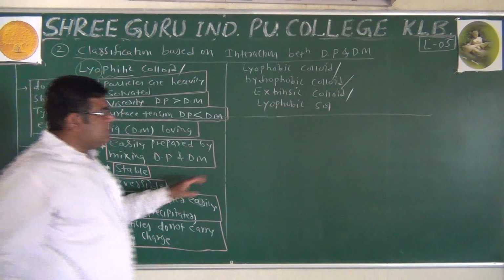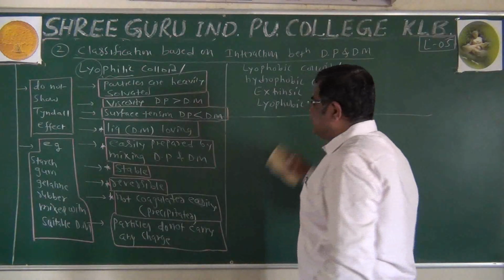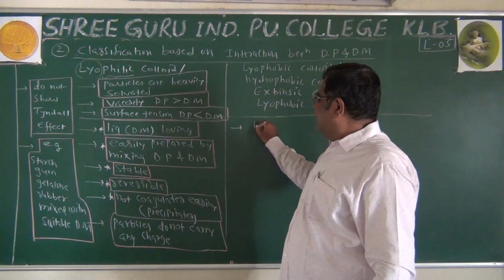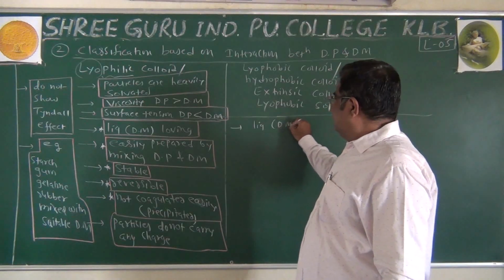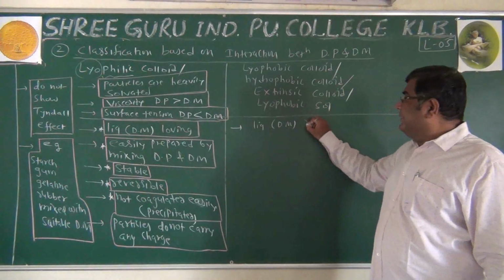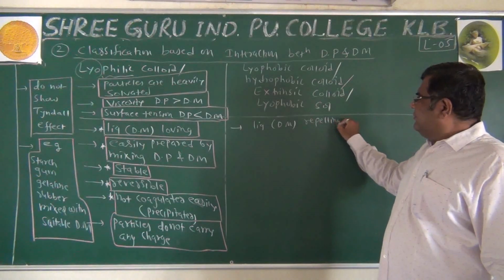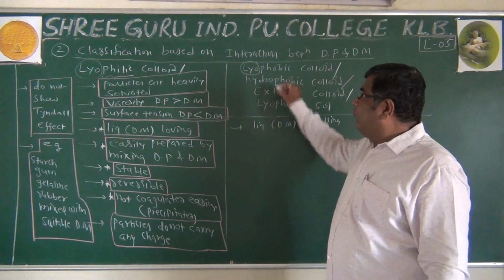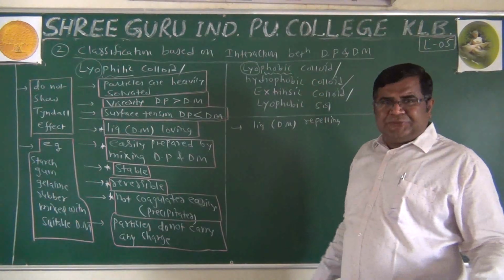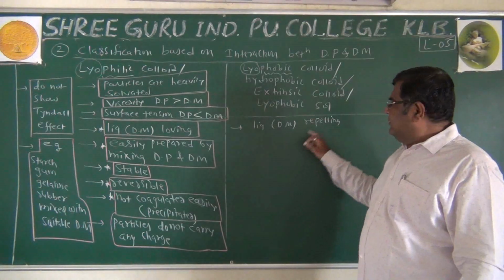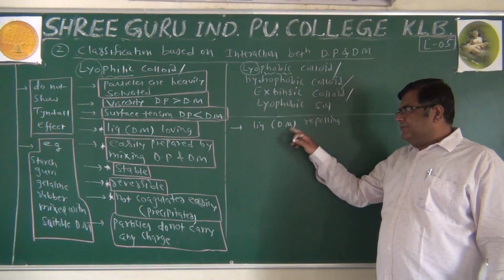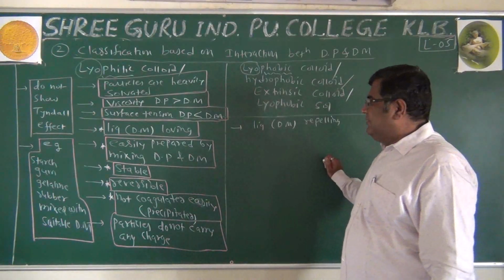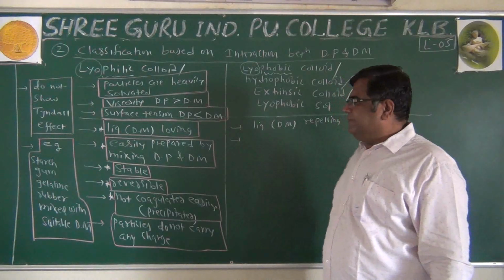So now we'll go for this lyophobic colloid. First we can say, start with the property that they are liquid or dispersion medium repelling, because lyo means dispersion medium and phobia is repulsion, hate, fear, so they repel it. Dispersion medium and dispersion phase have an interaction of repulsion between them.